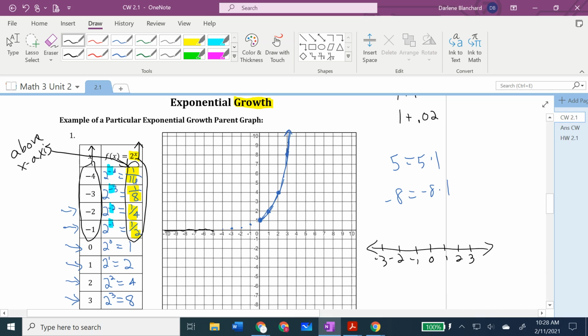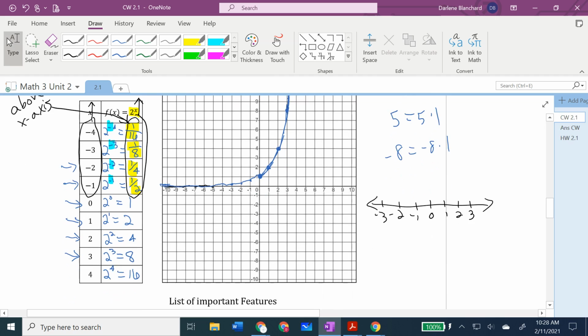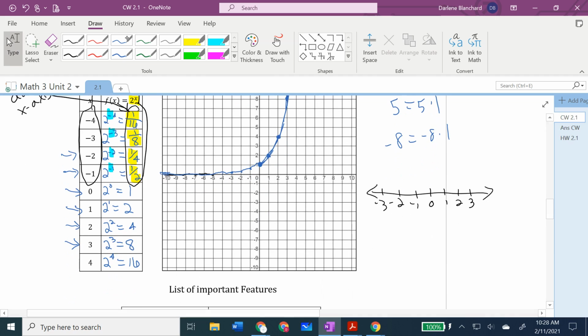Now, this creates a particular feature of a graph. Does anyone know what the word is for this feature, this heading to a line feature?